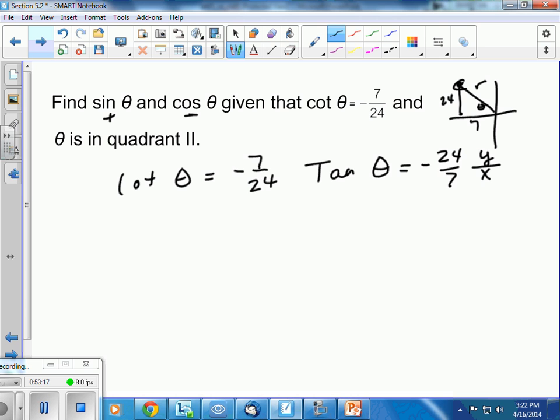Finding r, I would have r is equal to the square root of 24 squared plus 7 squared. And I believe once you're completely finished through here, r is going to end up being 25. It's just one of those triangles that you learn to remember, 7, 24, 25.